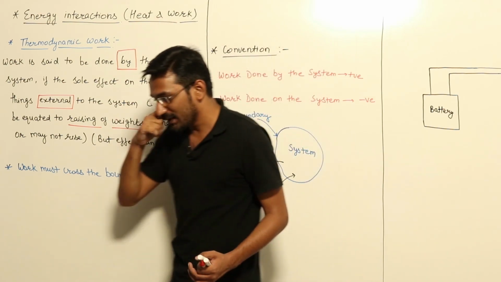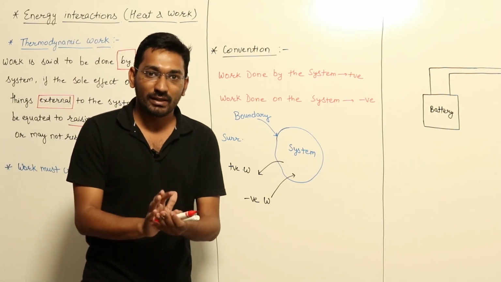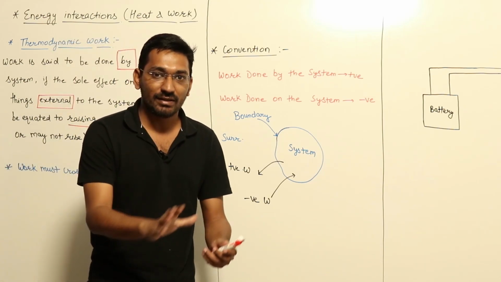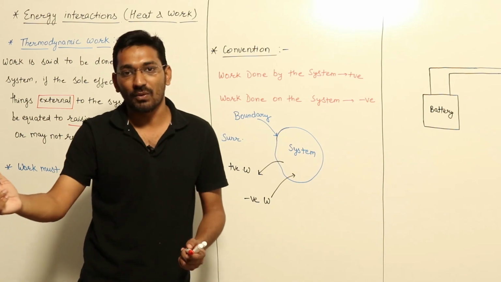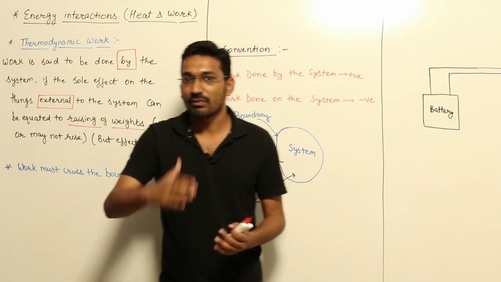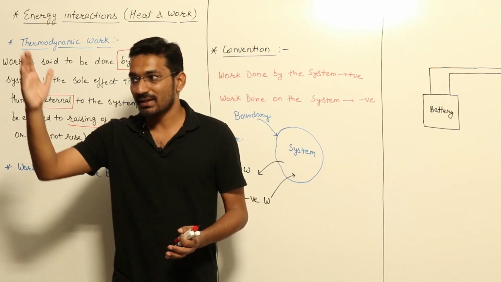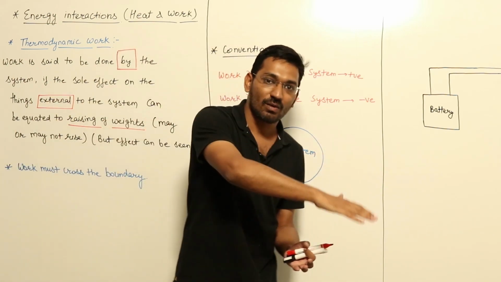So from this definition, one thing is very clear: thermodynamic work is said to be done only when this work crosses the boundary. If I am saying that the system is doing work on the surrounding, or the case may be reverse, the surrounding can be doing some work on the system.